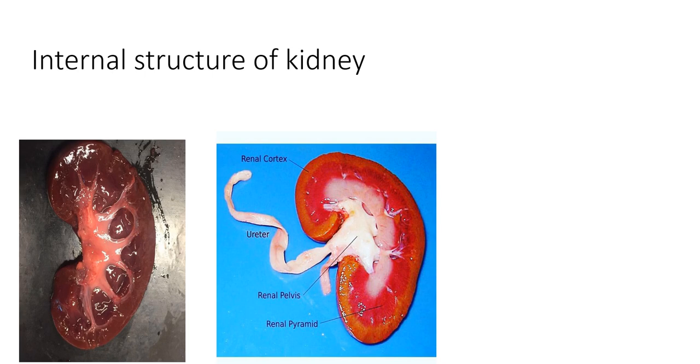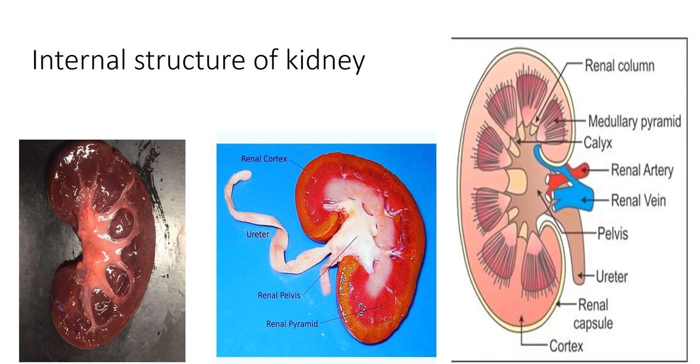In Latin, medulla means middle. So the outer region of the kidney is called the cortex and the inner region of the kidney is called the medulla. And we will see the complete parts in this diagrammatic view.